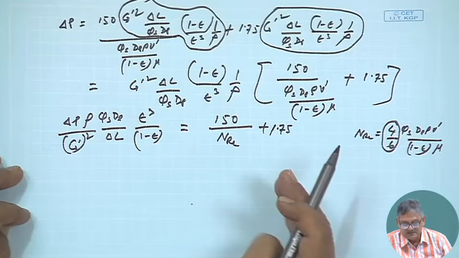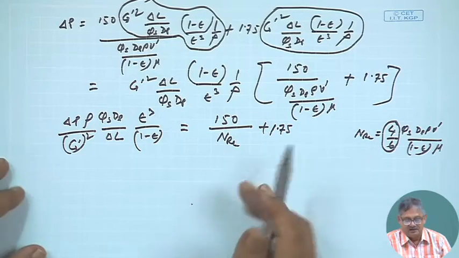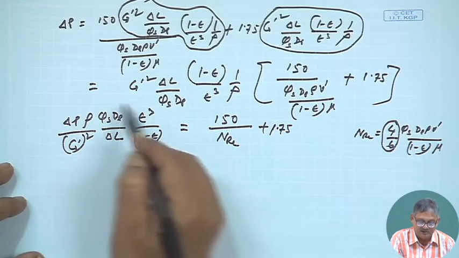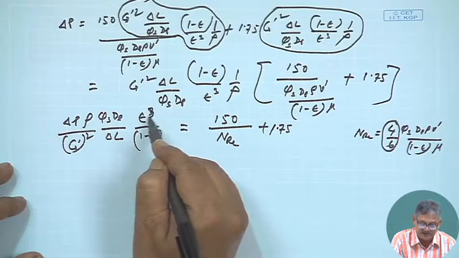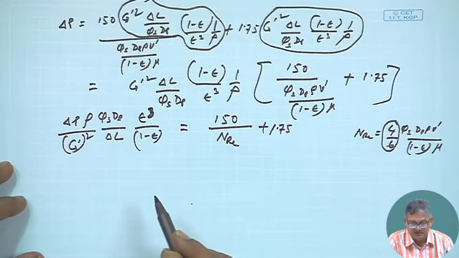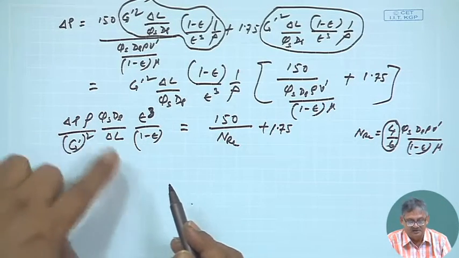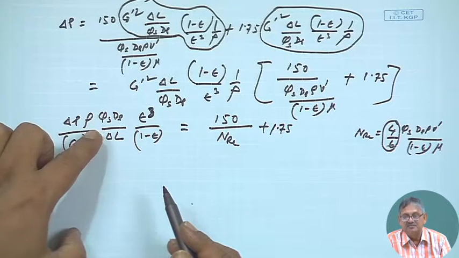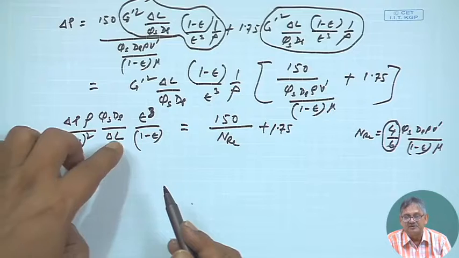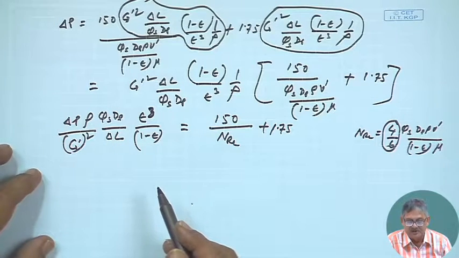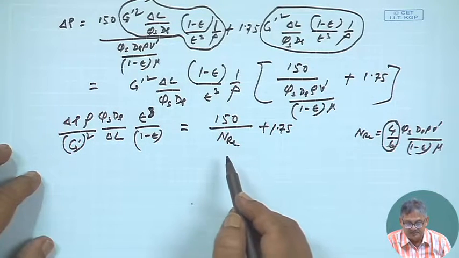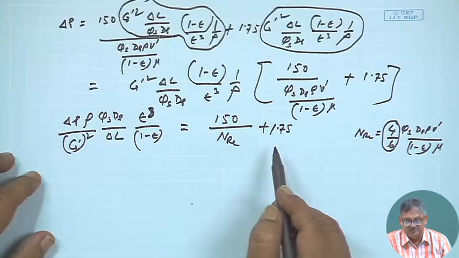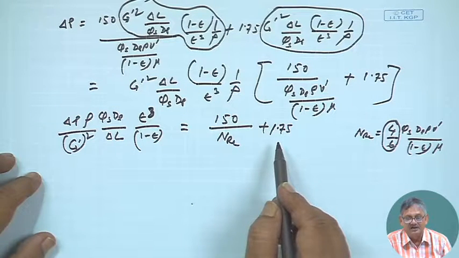So, in this relation what you see is this side expression, delta p rho by g prime square phi s dp by delta L, into epsilon cube by 1 minus epsilon, this is equal to 150 by NRE plus 1.75, right.